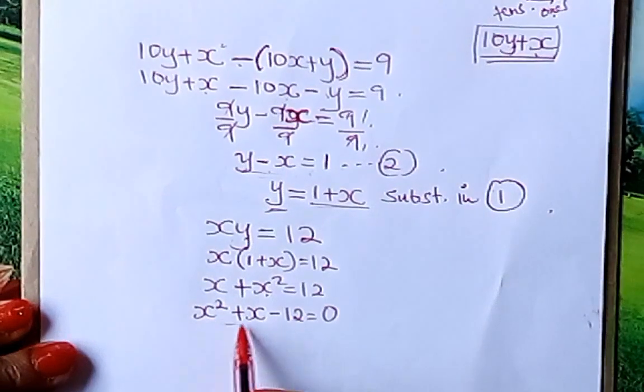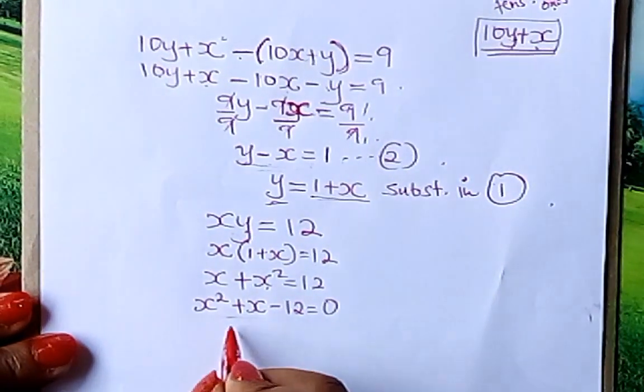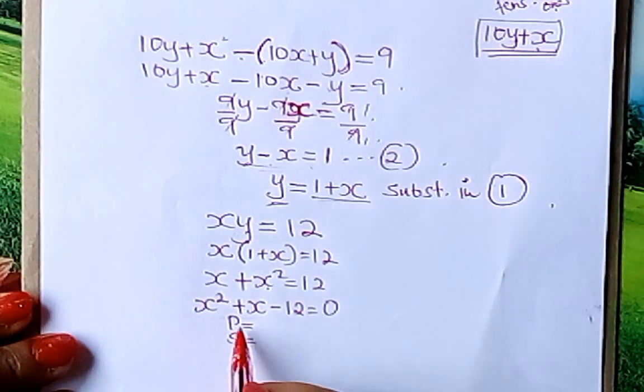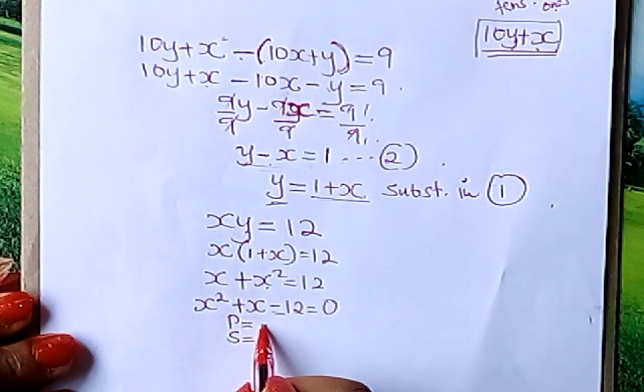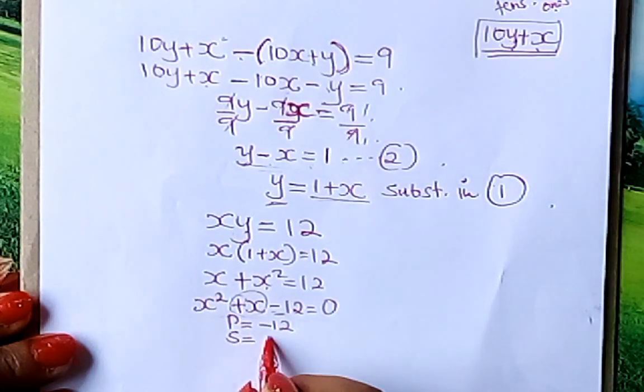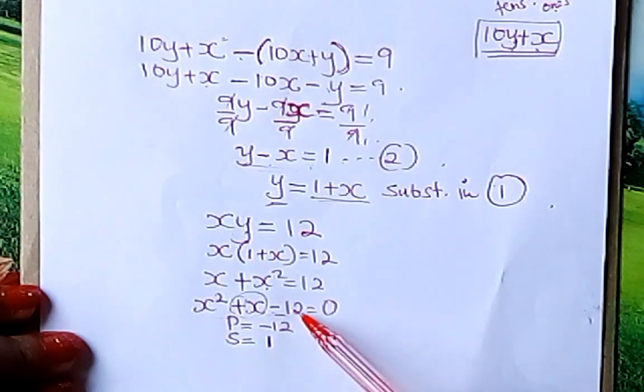So you have your quadratic equation. Solve it by factor method. The product is negative 12. The sum is the coefficient of x here, which is 1. The sum is 1 and the product is minus 12.